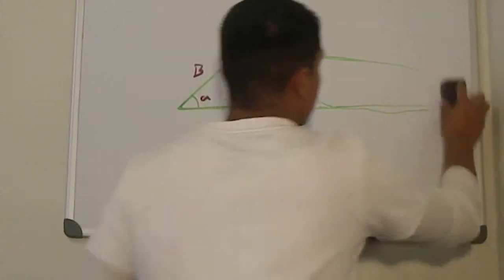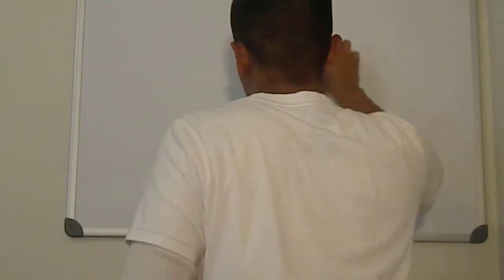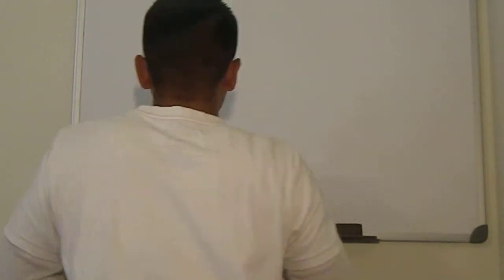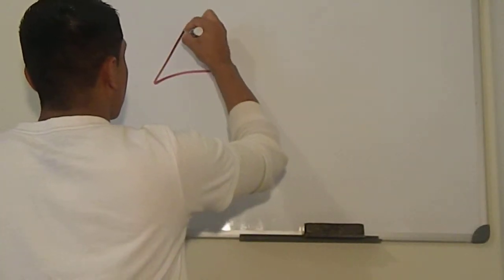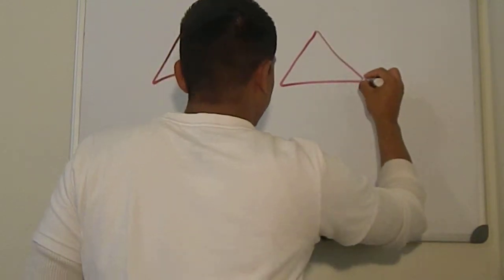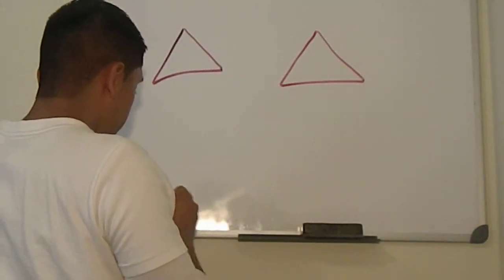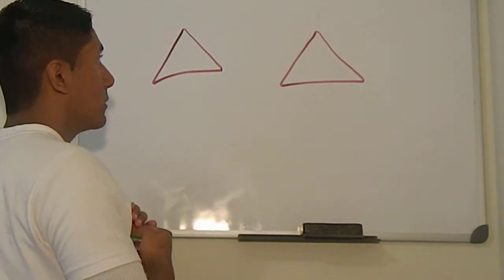So basically, what we have to notice is that when we have two triangles, we have to look for certain ways to prove that their sides are equal.